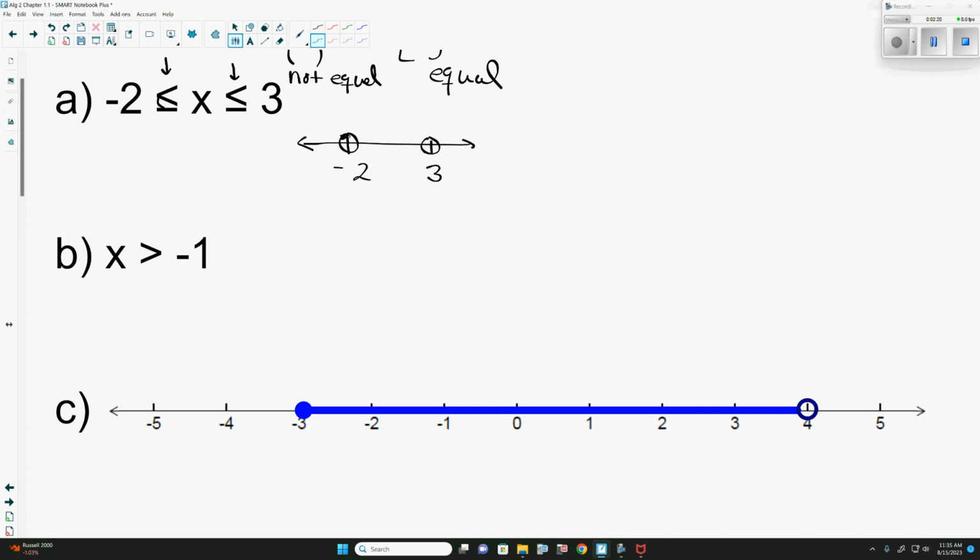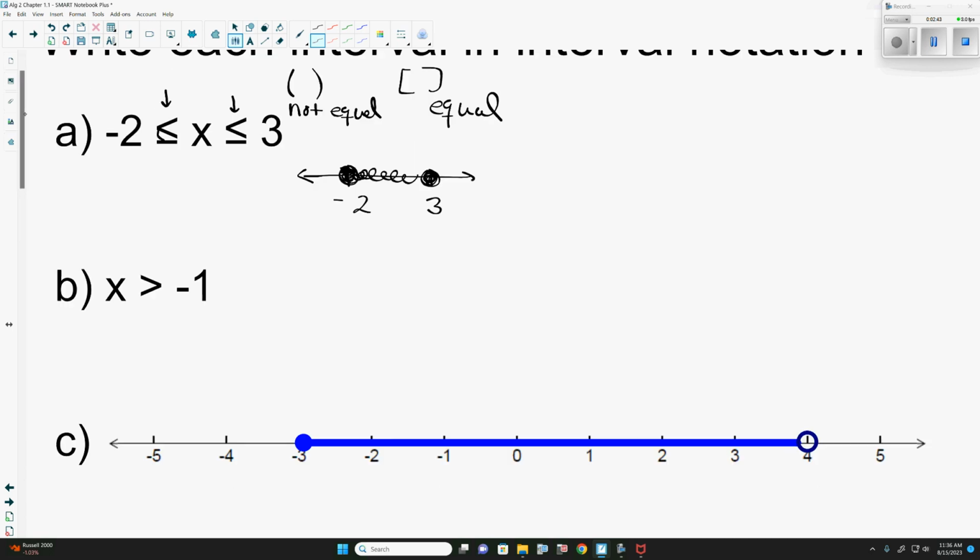Since it is equal to, both of these would be filled in. And if x is in the middle, we shade in the middle. So if we drew this on a number line, we'd have closed circles at -2 and 3, and we'd shade in the middle.